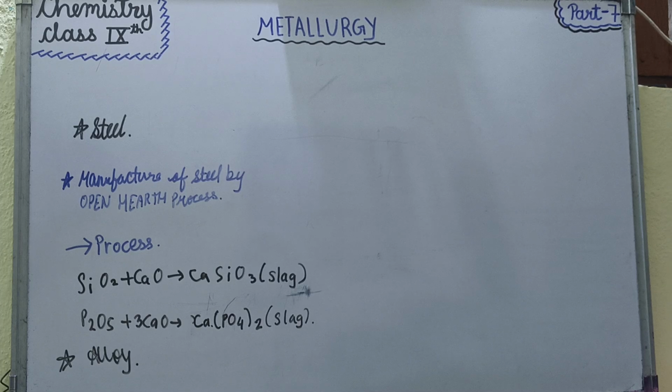If the base metal is mercury, then the alloy is called amalgam. Example: sodium amalgam NaHg, zinc amalgam ZnHg.